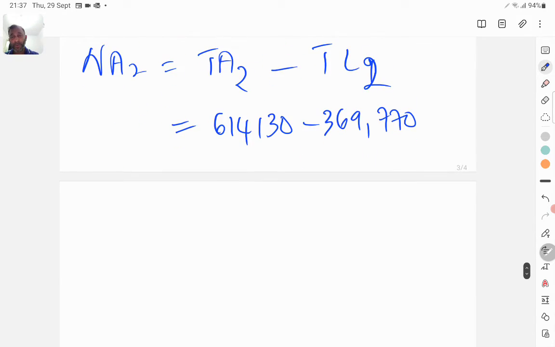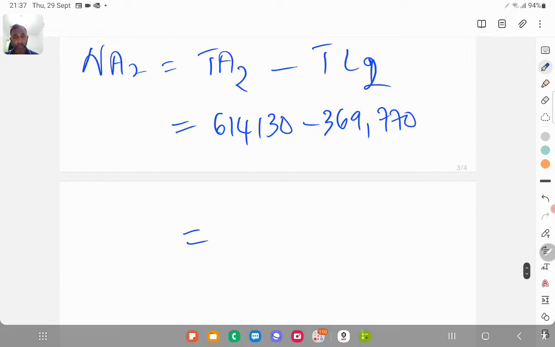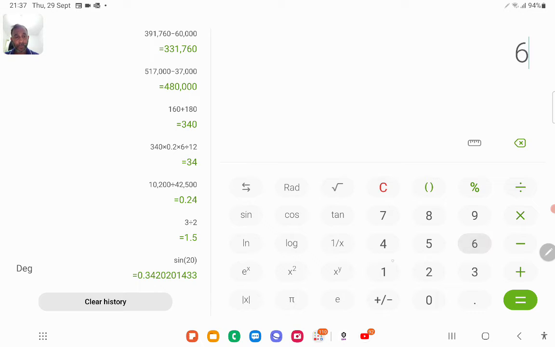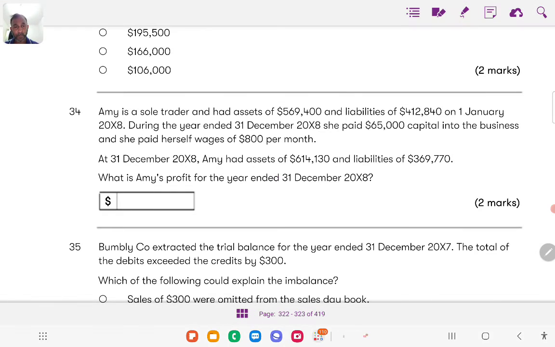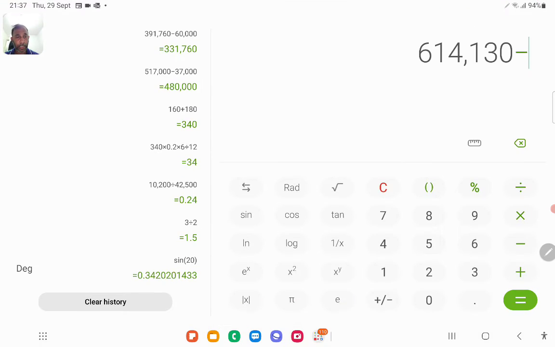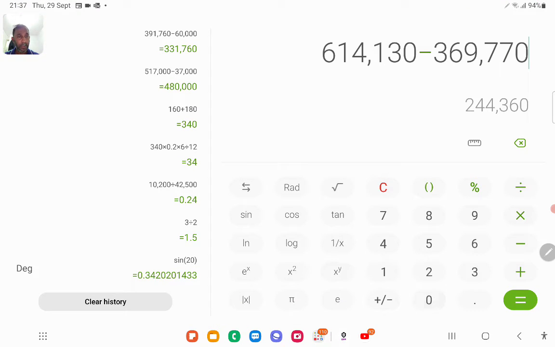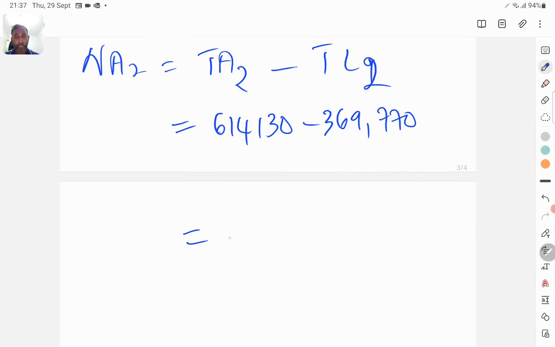So now we find out the difference for that. 614,130 minus 369,770. So 244,360.